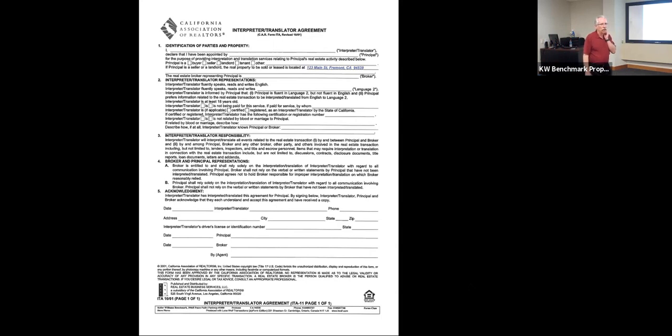Now, let's say it's a $1 million house. You're going to list it for 6%. You're going to get 3%. What's 75% of 3% of $1 million? That's what you're giving up. When you refer it out, you're taking 25% of 3%, and letting the other agent earn the other 75%.